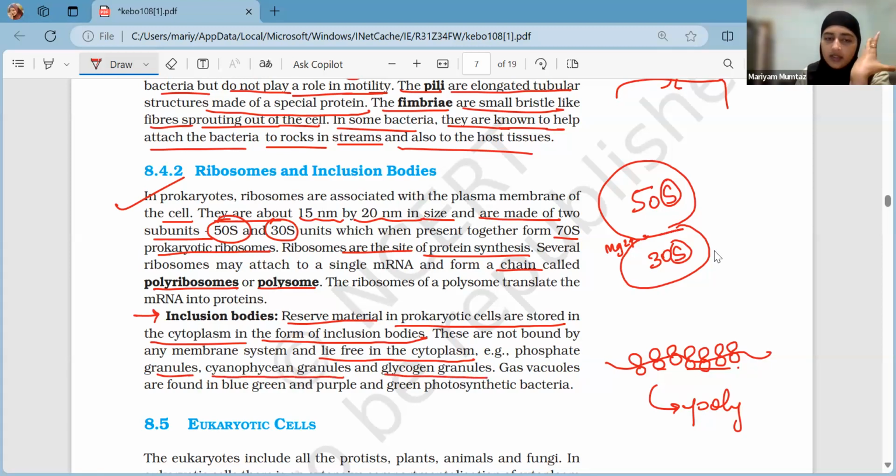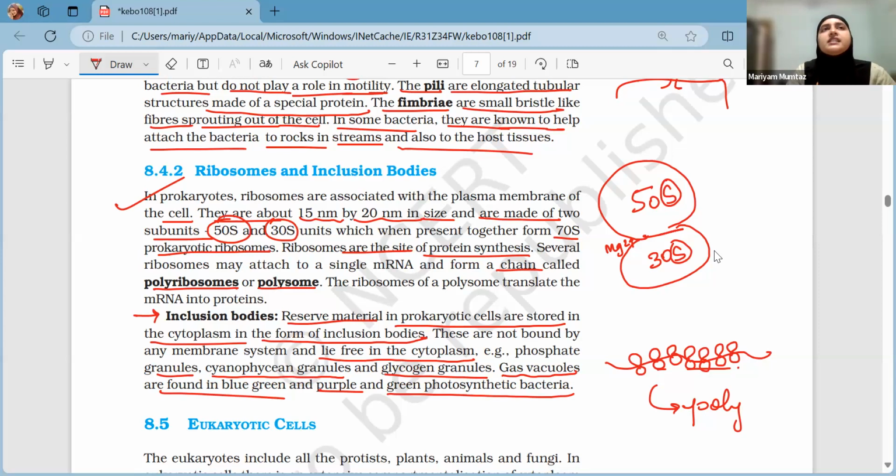These are the reserve material storing areas. Gas vacuoles are found in blue-green and purple and green photosynthetic bacteria. So, these are all the structures present in the prokaryotic cell.